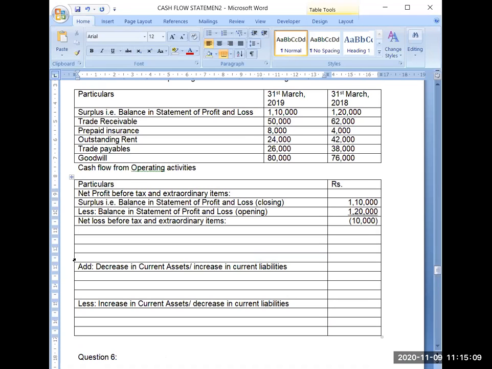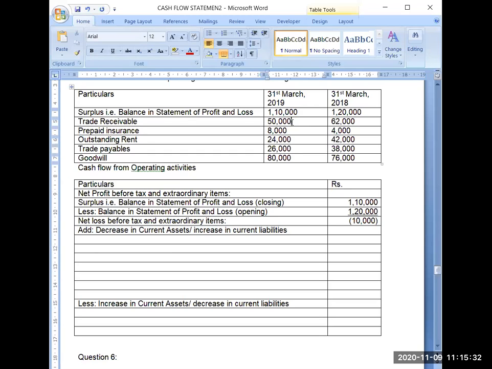Now we will go directly to step three. Step three says that you have to add the decrease in current assets and the increase in current liabilities. First we will check the current asset, trade receivables. The opening balance was 62,000 and the closing balance is 50,000.